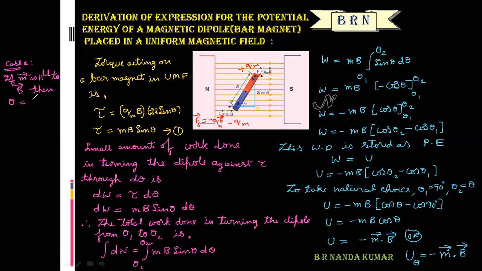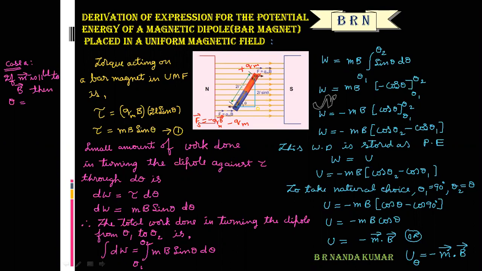What is the direction of m vector? Actually, the line joining from south pole to north pole is the magnetic dipole axis.